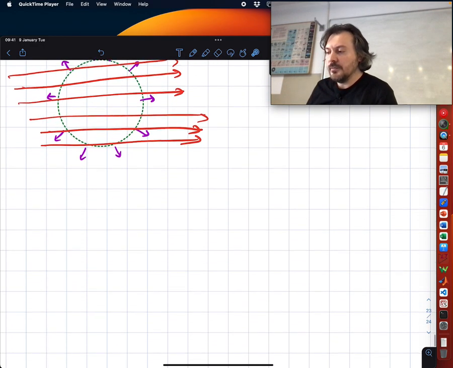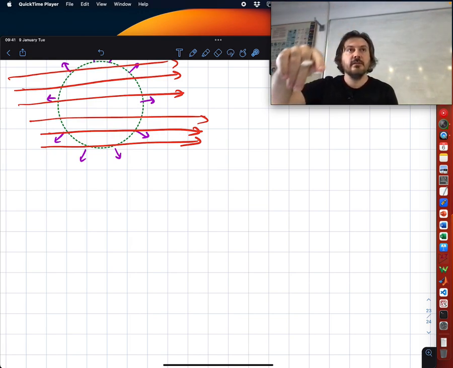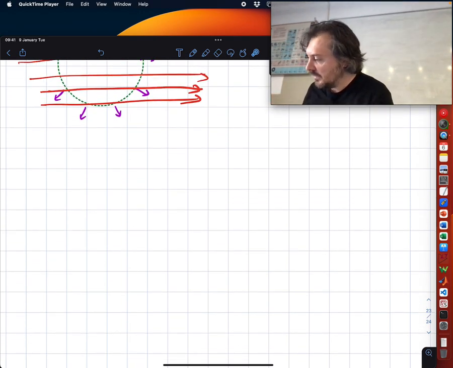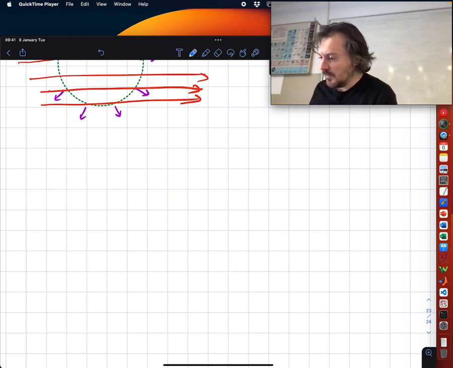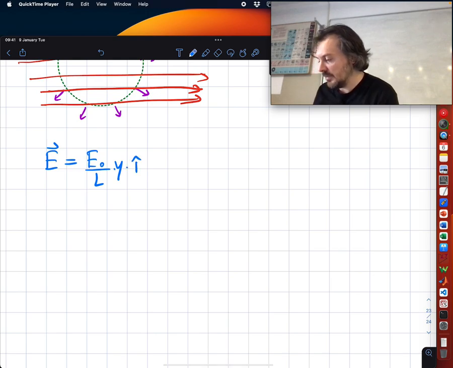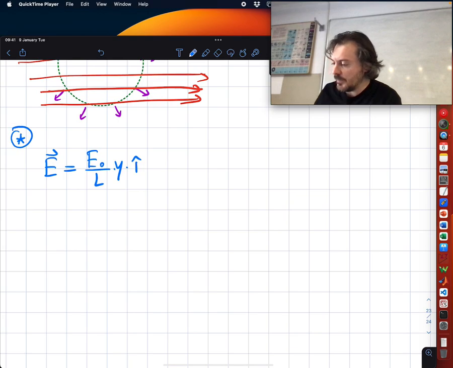Coming back to the problem of non-uniform electric field. Let's do it. So let's say I have an electric field that looks like this. It's basically E0 over L times y times i. What do you imagine when you see something like this?